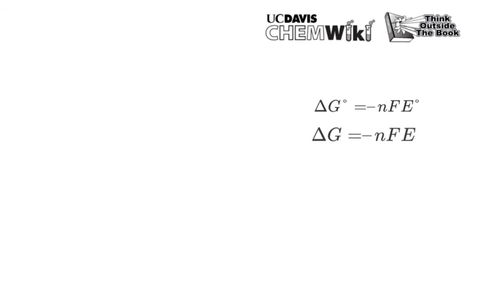So if the standard Gibbs free energy change is going to be minus ZF times the standard potential of reaction, and you'll note here this N is being replaced in ChemWiki for Z, but it's the number of electrons participating in the reaction. The thing that I want to point out is that there is going to be a Gibbs free energy change of any reaction times the negative of the number of electrons participating in the reaction, Faraday's constant, and the electrostatic potential of reaction at a given condition.